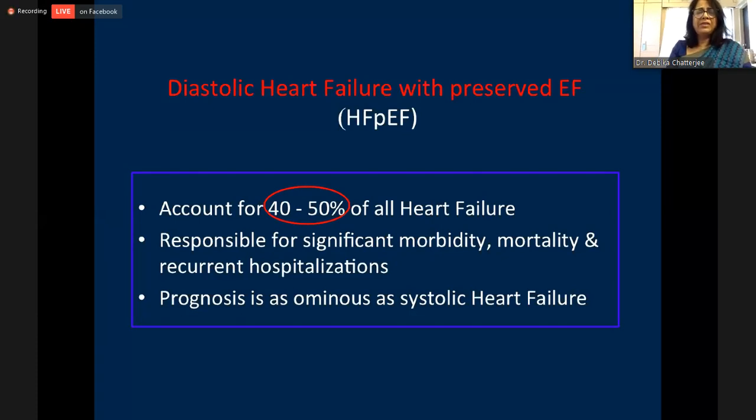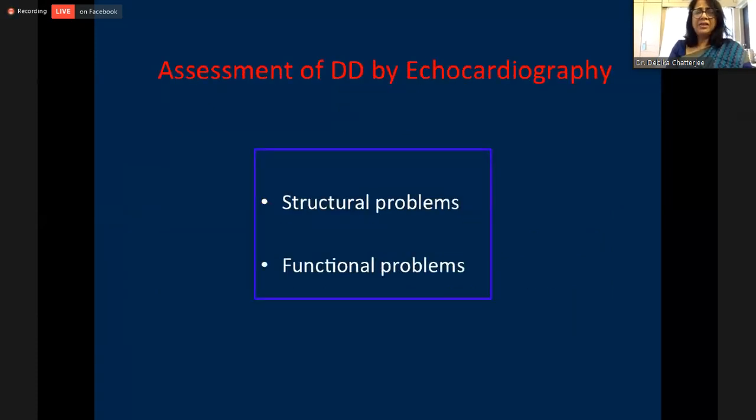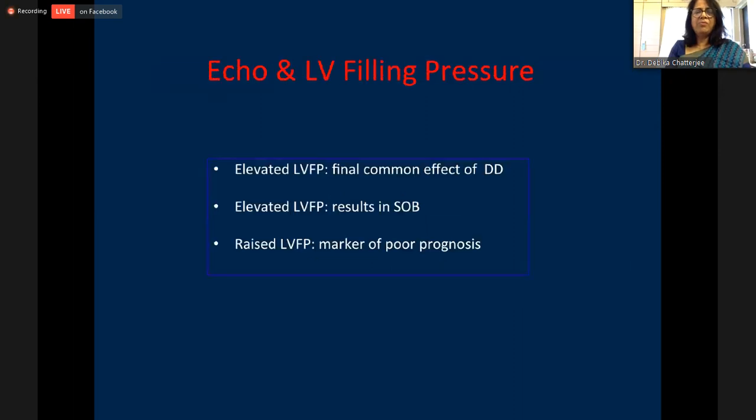all heart failure. We have to know how to assess diastolic function by echocardiography, looking at the structural problems as well as the functional problem, because we get elevated LV filling pressure in advanced stages of diastolic dysfunction.